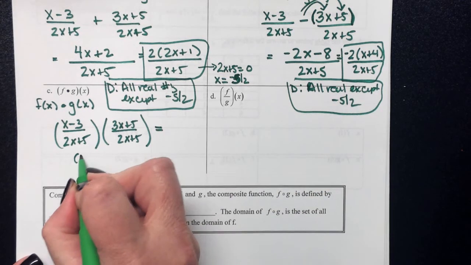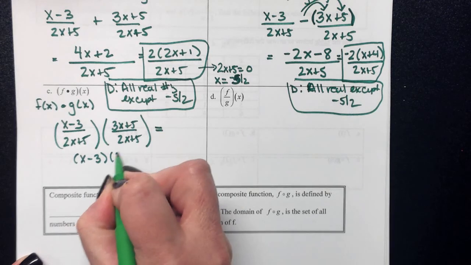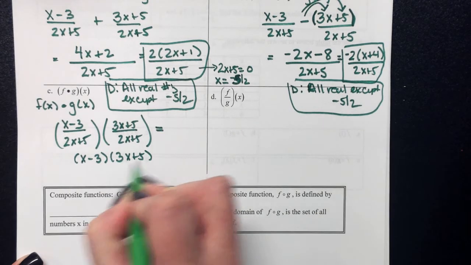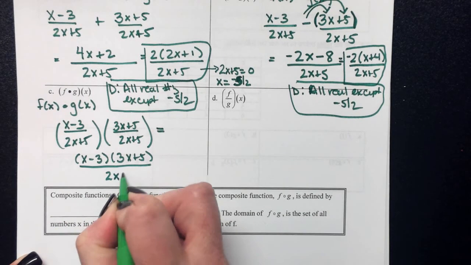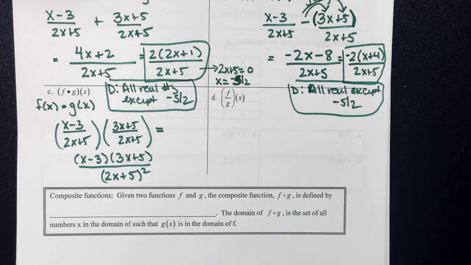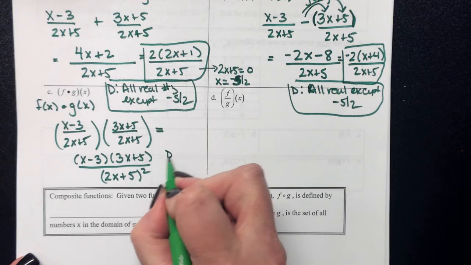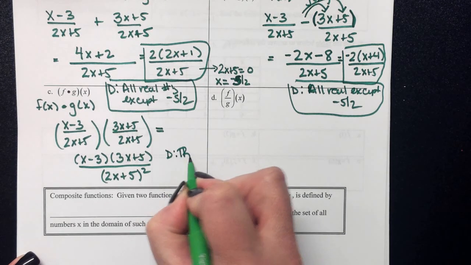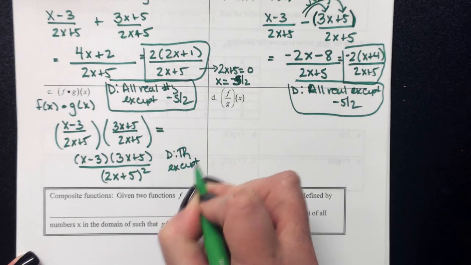Again, I'm just going to multiply straight across. That's going to give me x minus 3 times 3x plus 5 over 2x plus 5 to the second power. Unless you love FOILing a lot, be my guest. You don't have to. I accept that as an answer. And again, the domain's going to be all reals except negative 5/2.